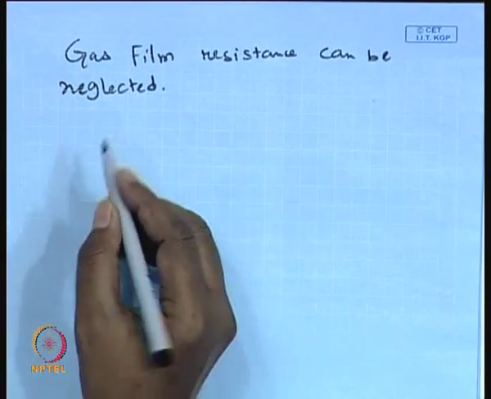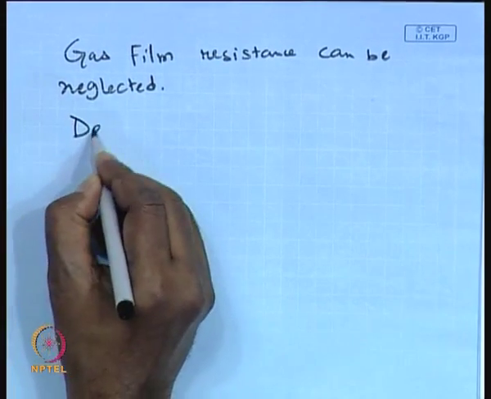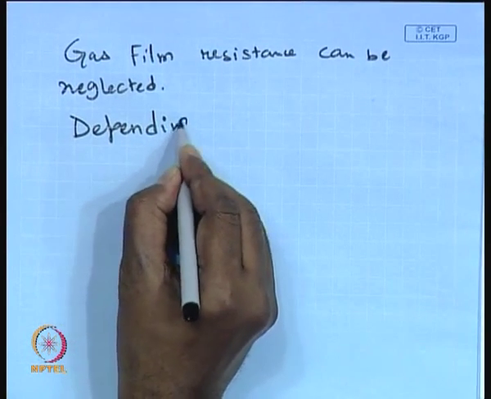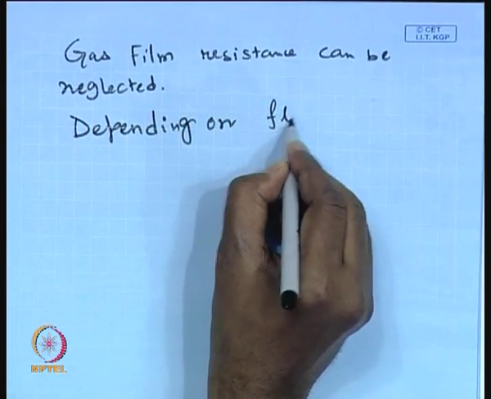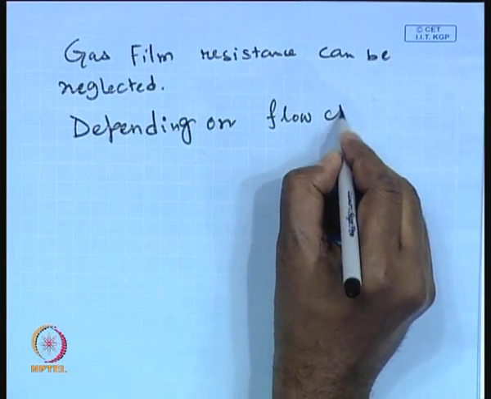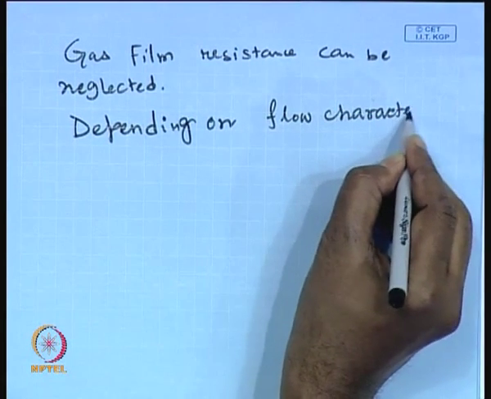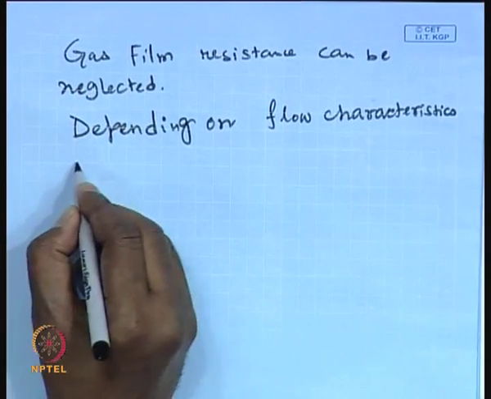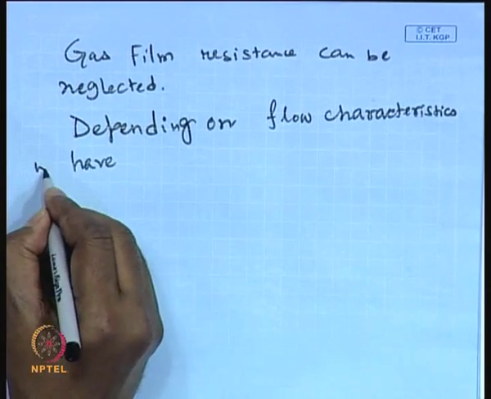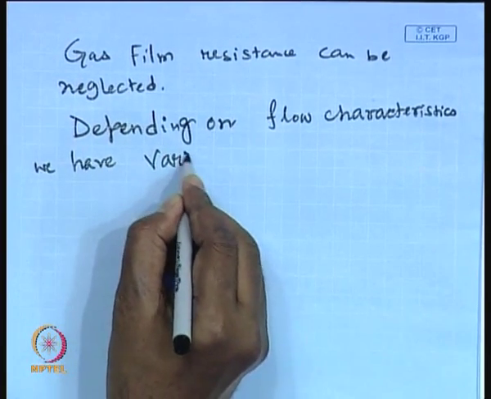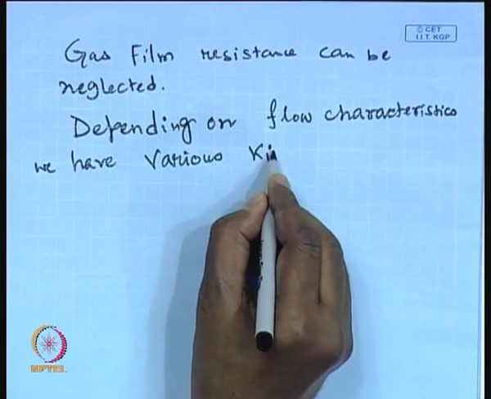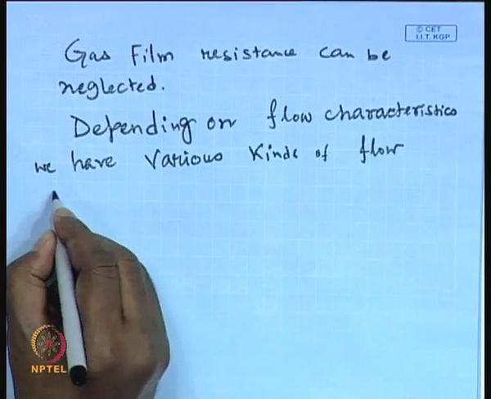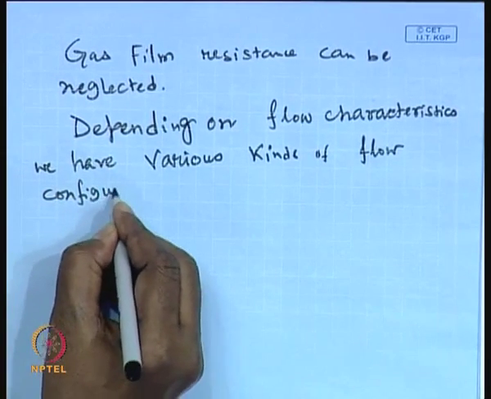Now, depending on the flow configuration, the system can be categorized into several categories. We have various kinds of flow configurations.